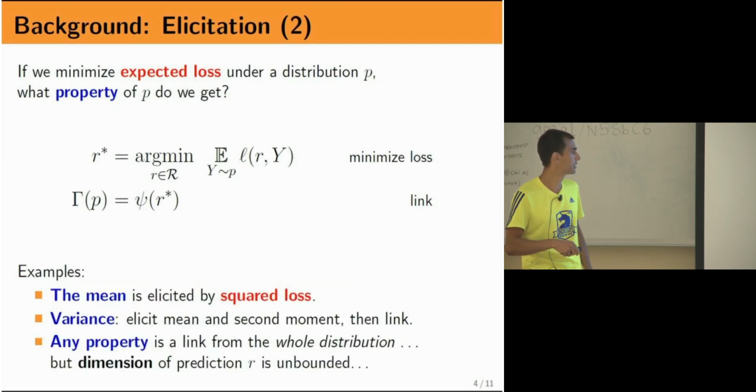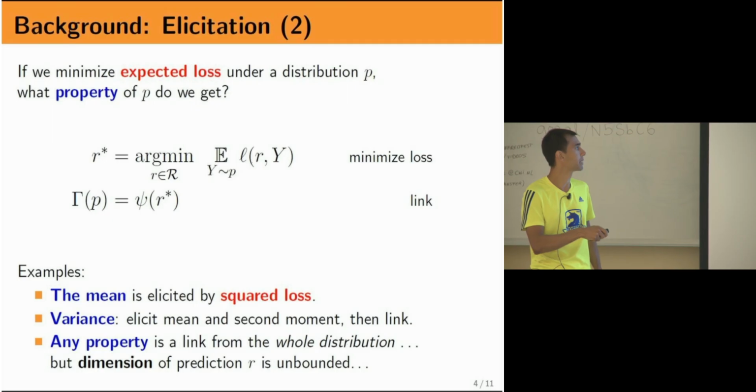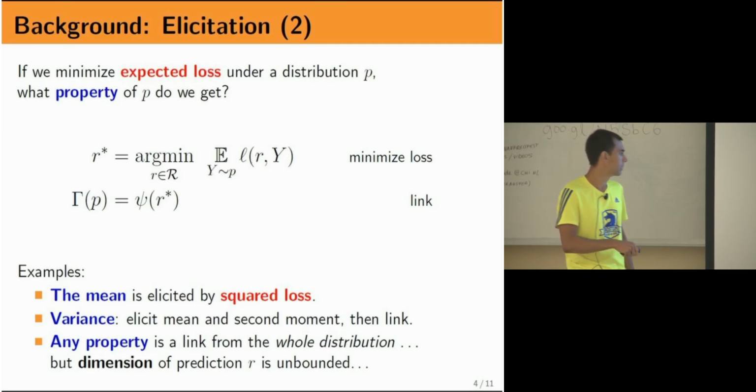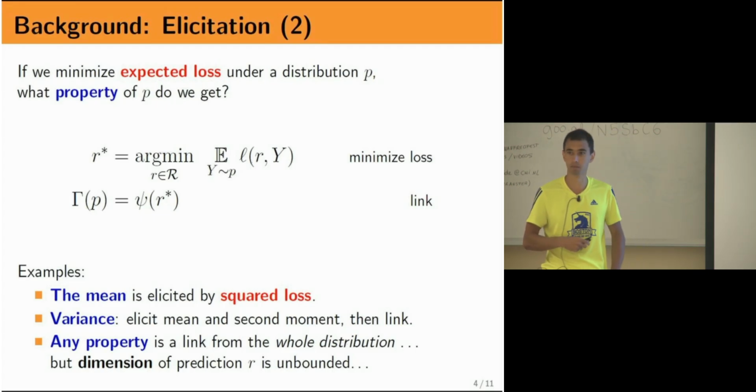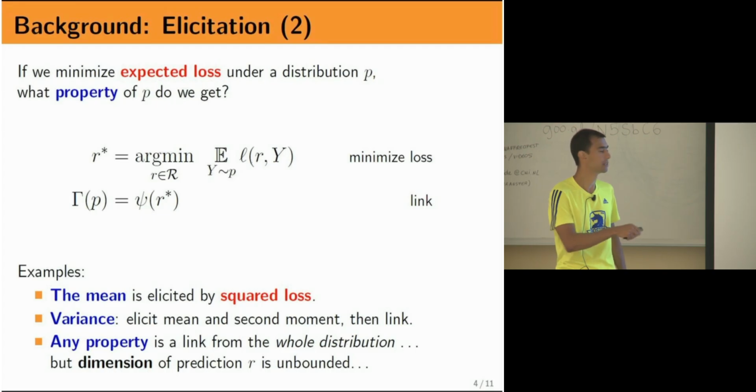To make sure we're on the same page, Raf went over how if this loss function is r minus y squared, then you get the expectation of P as your property. A basic negative result in elicitation is the variance. You cannot have a loss function with a single parameter, a single dimensional R, such that this process gives you the variance, as long as this is a continuous link function.